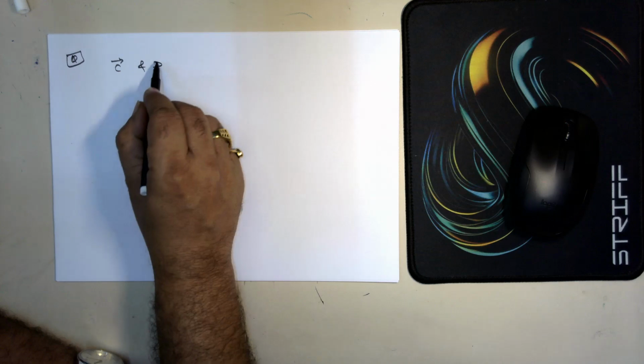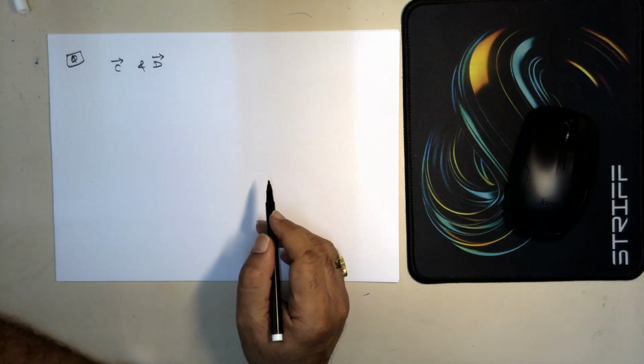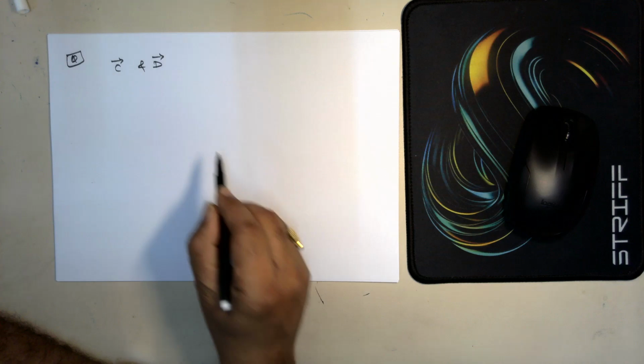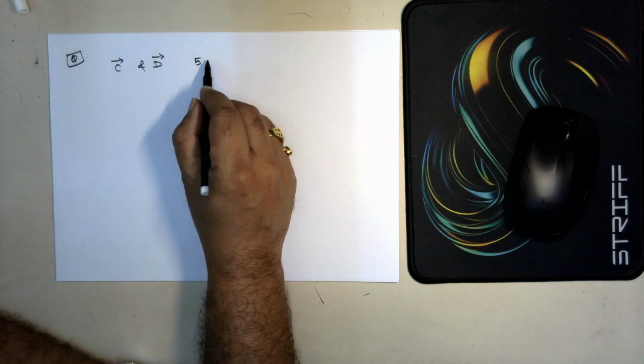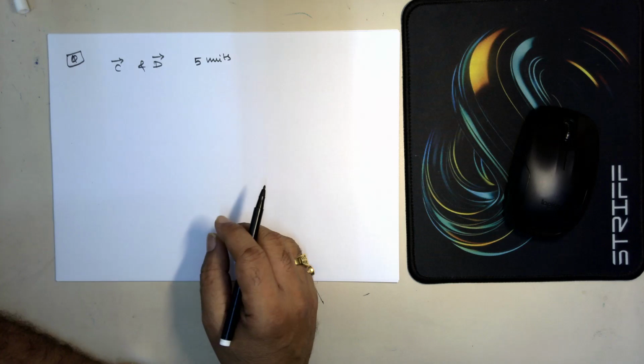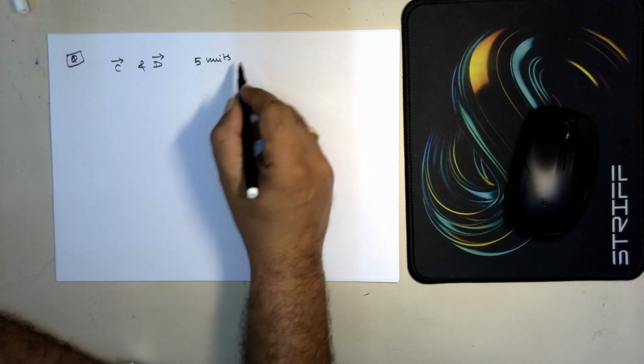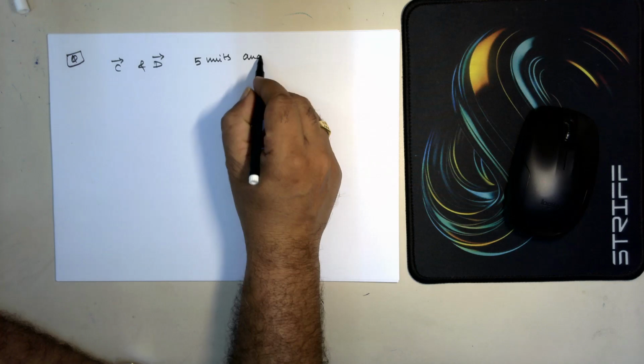C and D, having magnitude 5 units. 5 units means it can be centimeter or meter, whatever it may be. Then angle.